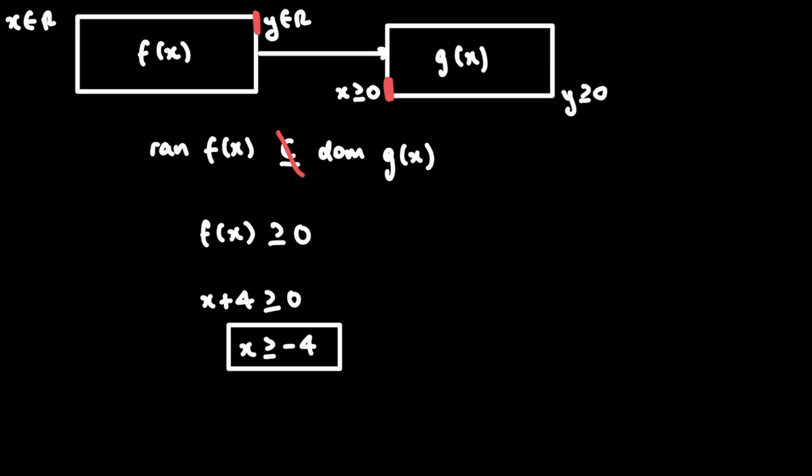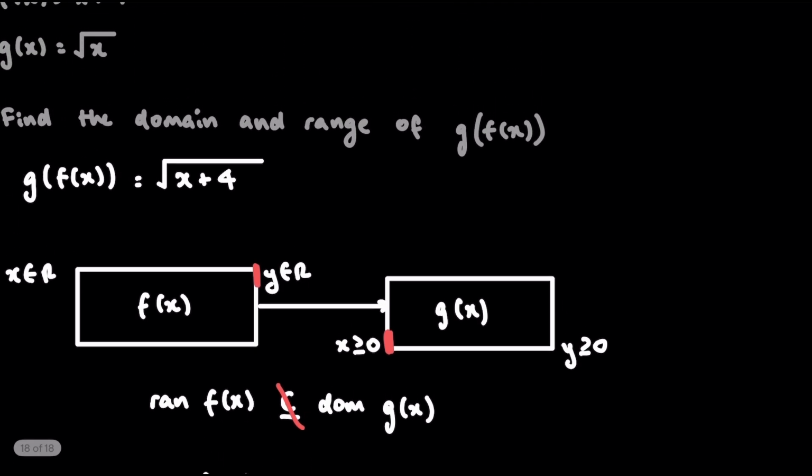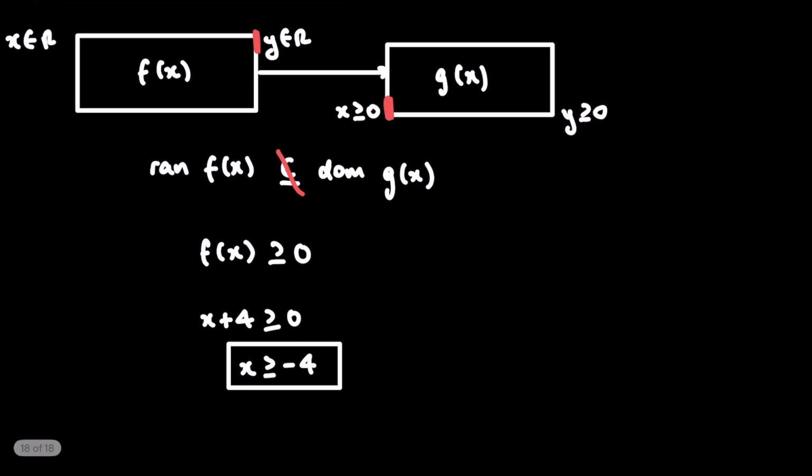We need to graph the output machine. The output machine is g of x. And the reason we're doing that is we want to see what values leave the machine altogether. This is one machine in unison, but we have two individual ones. So we're going to have a look at the second function over here and try to draw the graph of that. The graph of g of x is the square root of x.